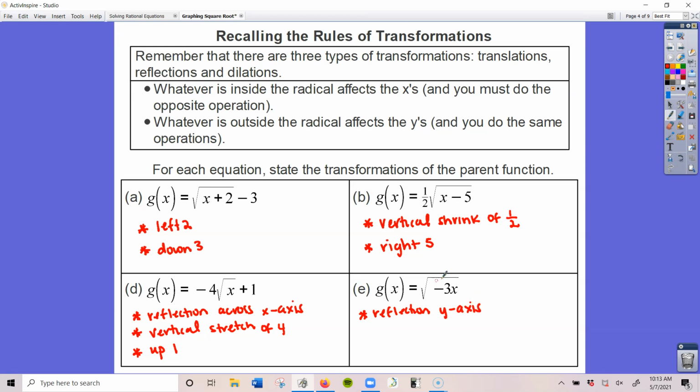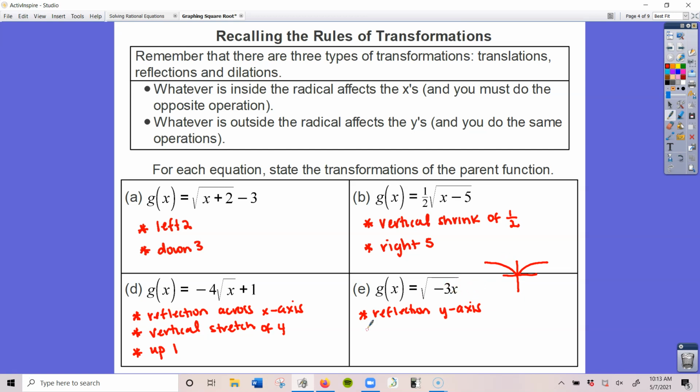So this is the only way we're able to have negative x values in our radical is if there's a reflection across the y-axis. Because if our original graph looks like this and there's a reflection across the y, that means it would look like that, and I'm able to plug in negative x's inside the radical. And then you would have a negative times a negative, which would give you a positive y value.